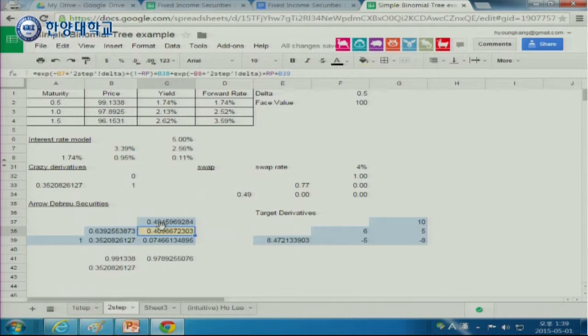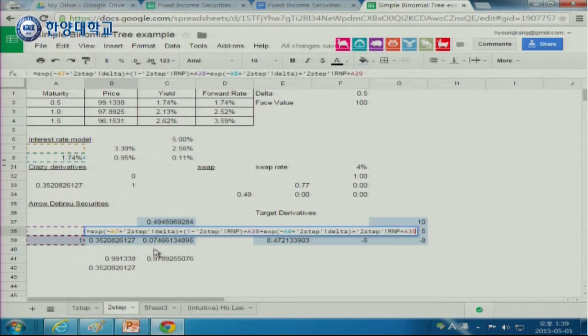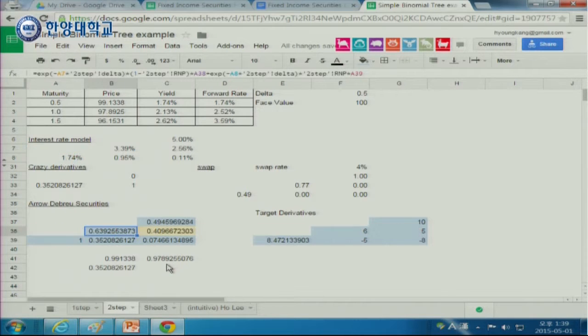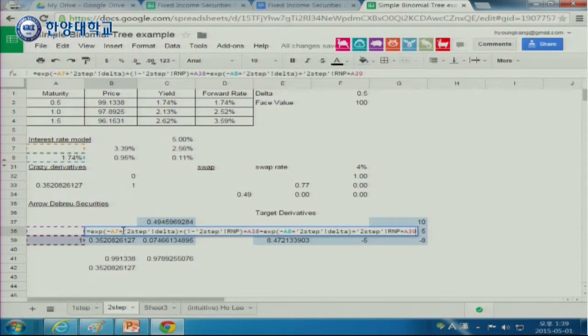Like 0.639 something, 0.6. Yeah, this one. Like you multiply by RNP, but after the next node, and the next one. You mean this one? The highlighted one on the right, cell C38. So this cell is empty, so you can ignore this part because this part is anyway 0.